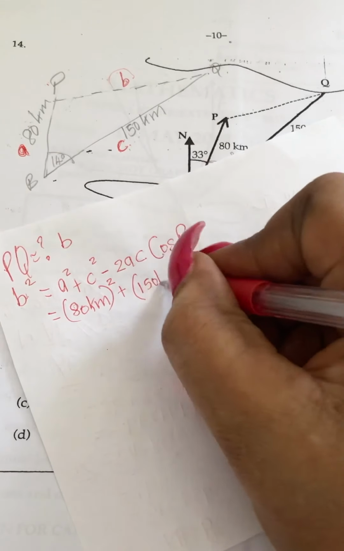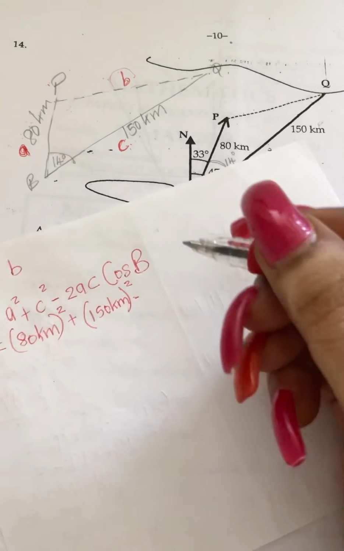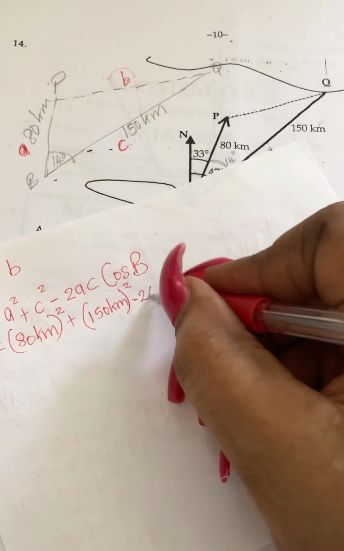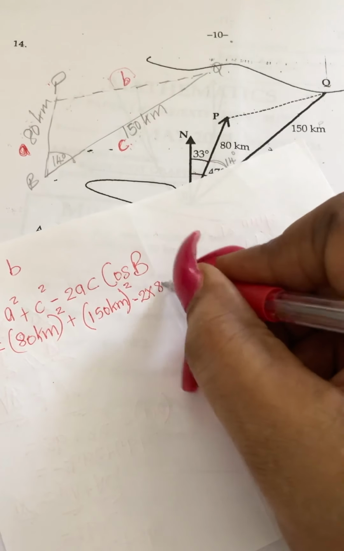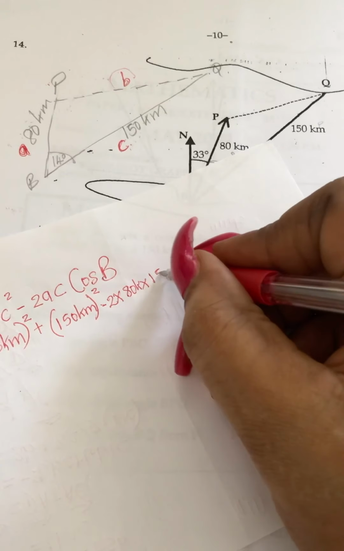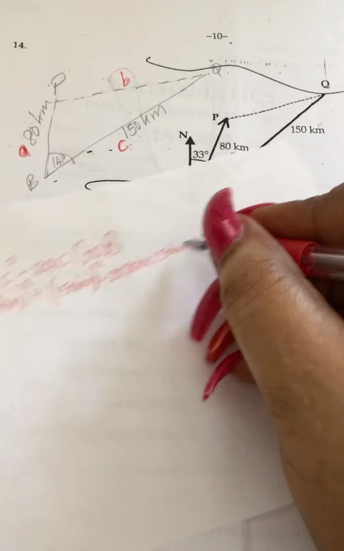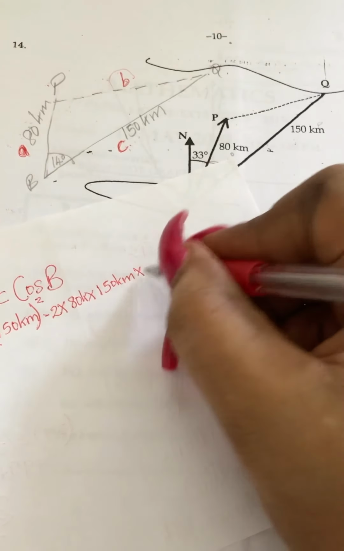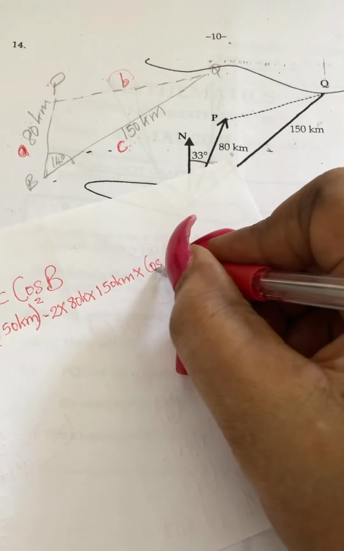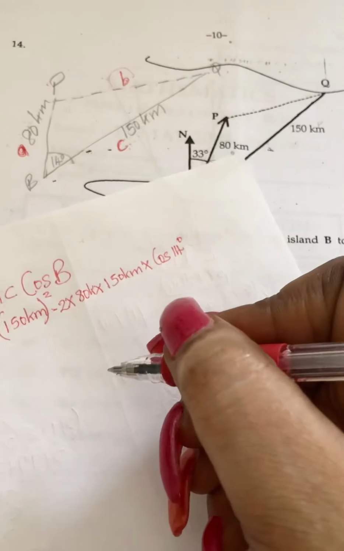The length of little c is 150 km. And we want to subtract 2 times A times C, and we want to also multiply that by cos of the angle B.